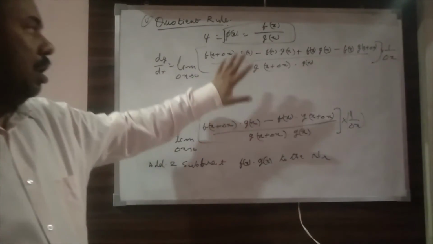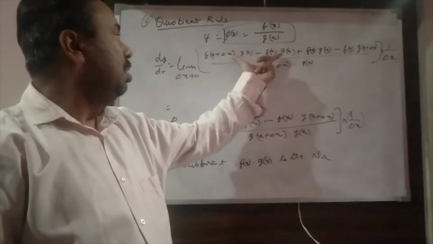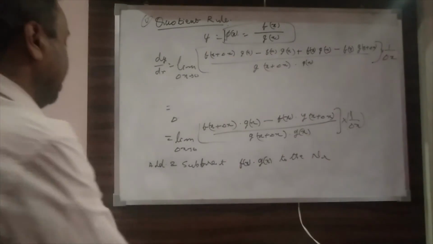Now see, from the first two terms, there is a common factor, g(x). It can be taken out.